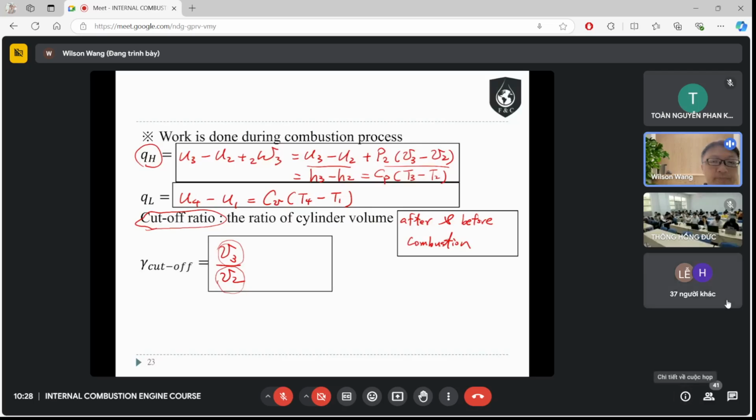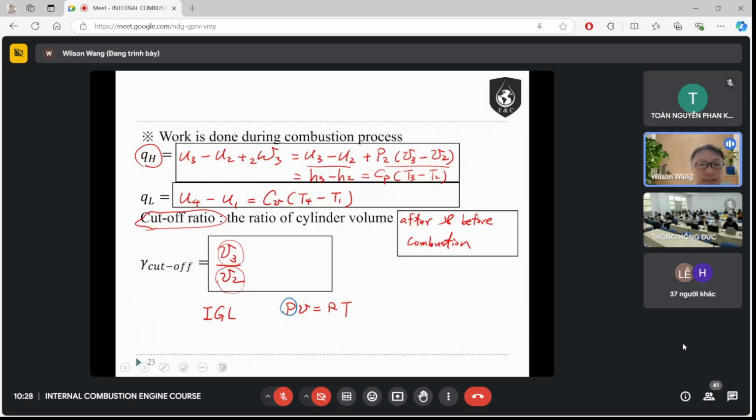And based on the ideal gas law, PV equals RT, right? And we know this is constant pressure.